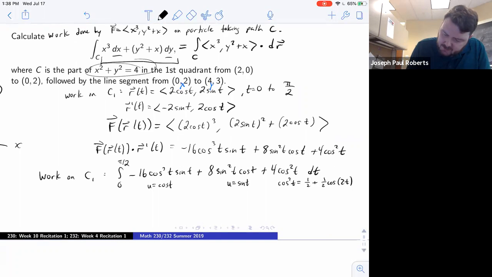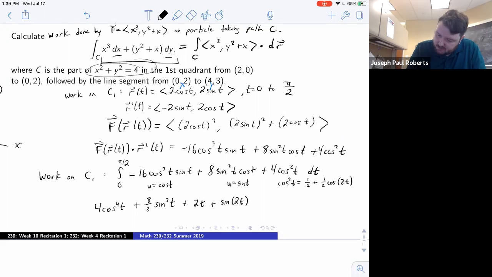But anyway, it looks like our antiderivative is 4 cosine to the 4th t plus 8/3 sine cubed t, and then plus, well, this is going to be t plus 1/2 sine of 2t after I do my anti-differentiation, after my double angle identity.